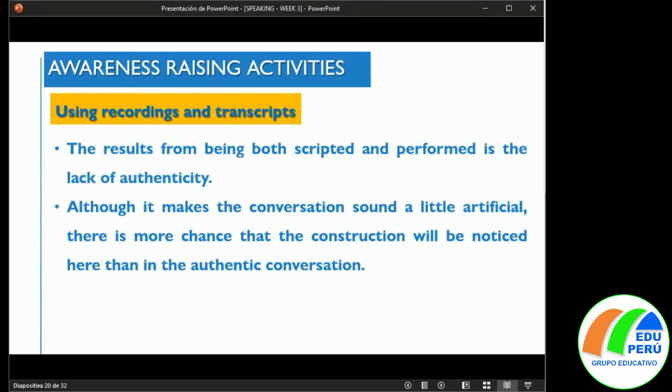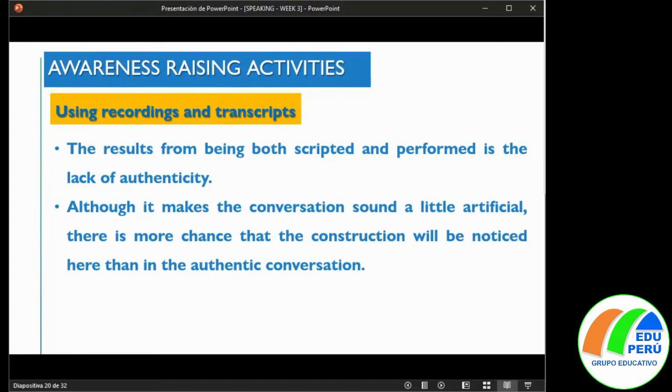So here there is a debate if we need to use authentic material or non-authentic material. But one of the advantages of using non-authentic material, the conversation sounds a little artificial, as you can see here, but it is possible that students could recognize or notice the grammar structure, the vocabulary more easily than in an authentic conversation.